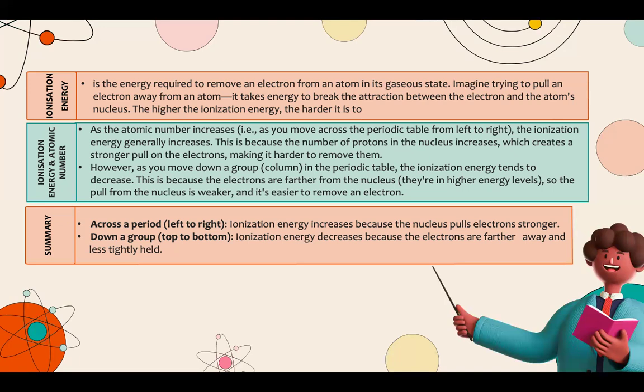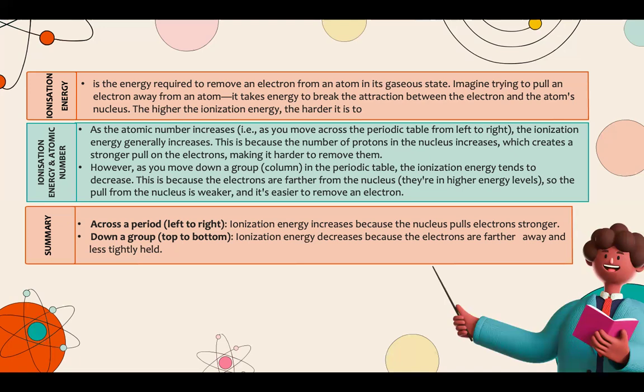However, as you move down a group, or column, in the periodic table, the ionization energy tends to decrease. This is because the electrons are further from the nucleus and in a higher energy level, so the pull from the nucleus is weaker, and it is easier to remove an electron.